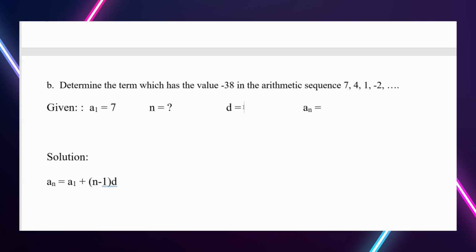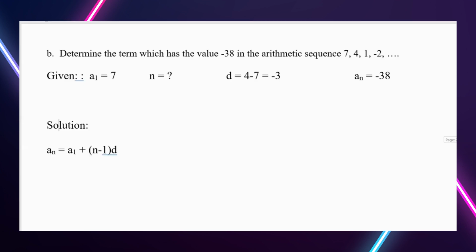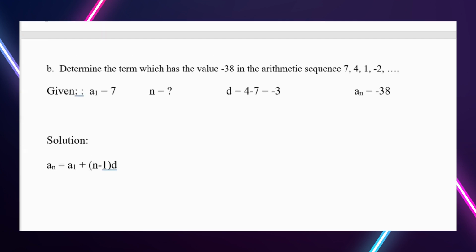Then the common difference is obtained by subtracting the second term minus the first term, which is 4 minus 7 is equal to -3. And our a sub n is -38. Based on our values, gagamitin natin ito sa ating formula para makuha natin kung ano ang value ng n na kung saan ito ang hinahanap natin.